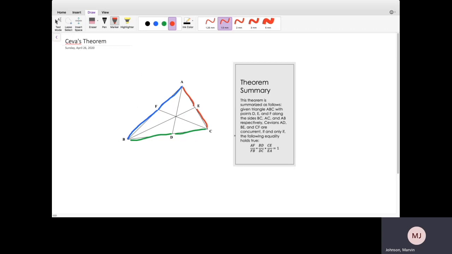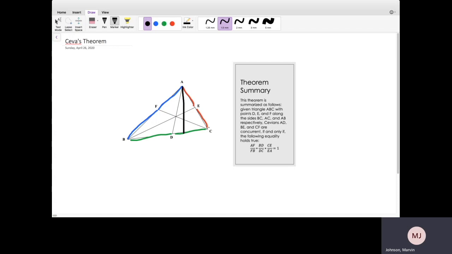And if this equation holds true, if this equals 1, then we get concurrent Cevians, and vice versa. So we know if we have concurrent Cevians, then this equation will hold. This equation doesn't just hold in general, and Cevians aren't concurrent in general. We can see that if we drew another Cevian, like A to here, obviously this line is not concurrent with EB and FC.